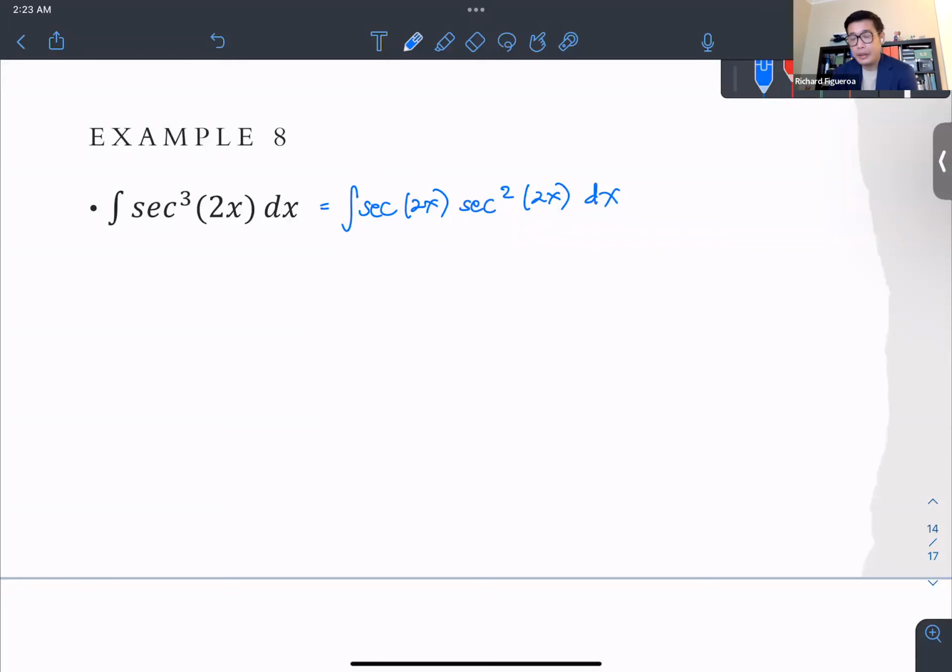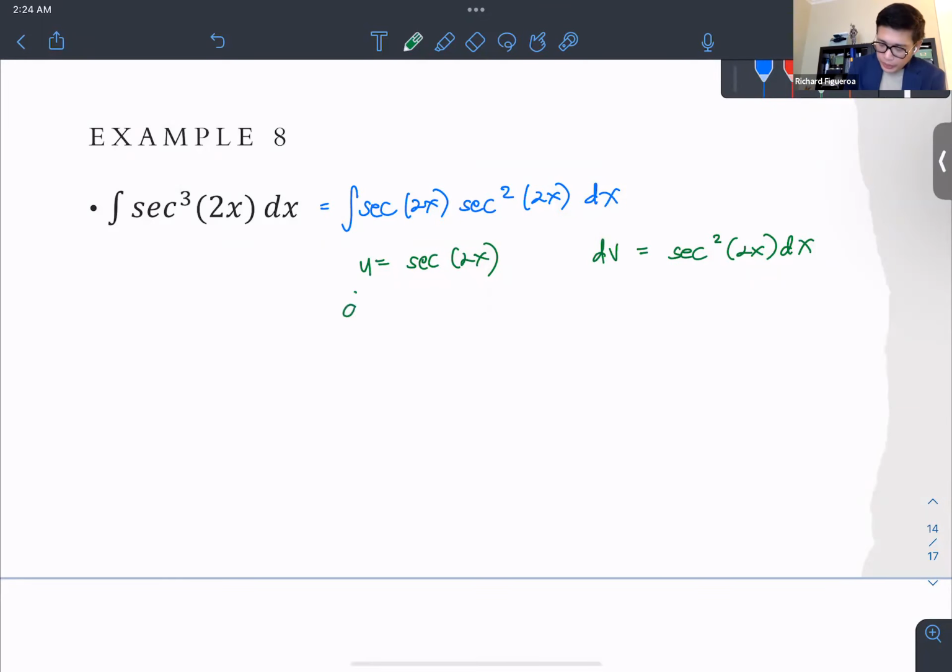But instead, we can use integration by parts. So we're going to let u be the secant 2x. Then our dv is the secant squared 2x dx. So we derive secant 2x, that would be secant 2x tangent 2x, then 2 dx.